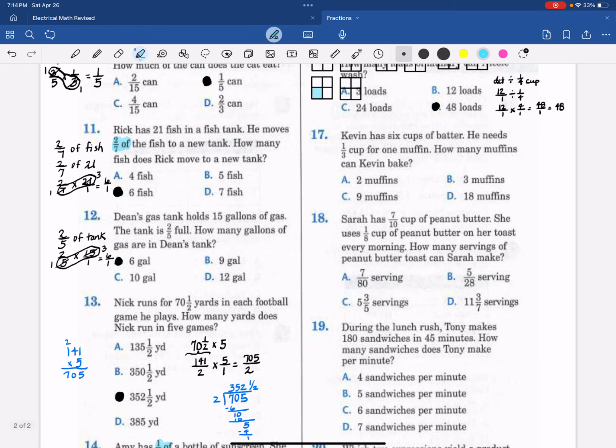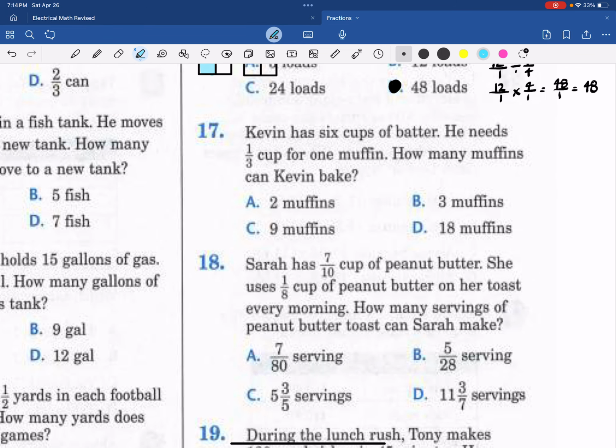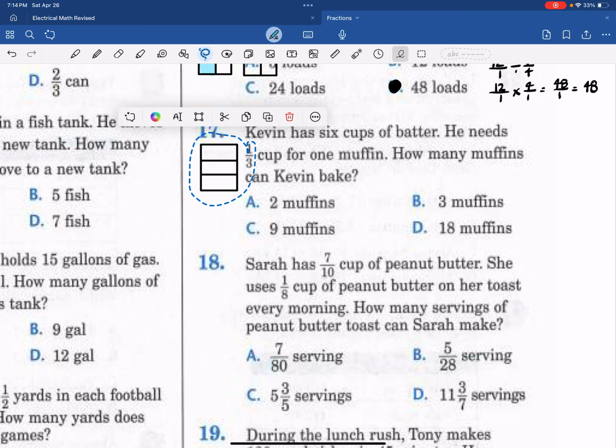Number 17. Kevin has 6 cups of batter. So let's let this be a cup. And he needs 1/3 of a cup for 1 muffin. So he's going to take those cups and he's going to cut them into thirds.